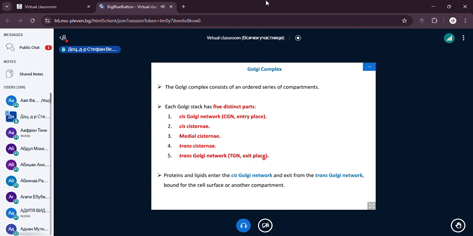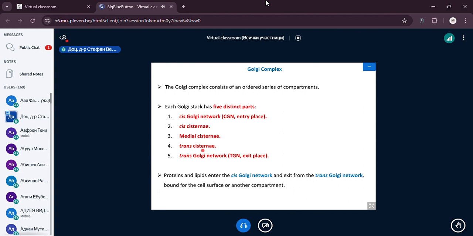from the dictyosome. And proteins and lipids, which are directed towards the Golgi apparatus, enter the cis-Golgi network and then travel from one region to the other region, then to the other region to reach trans-Golgi network. And while being transported through these different functional units of the dictyosome, they undergo extensive modification.